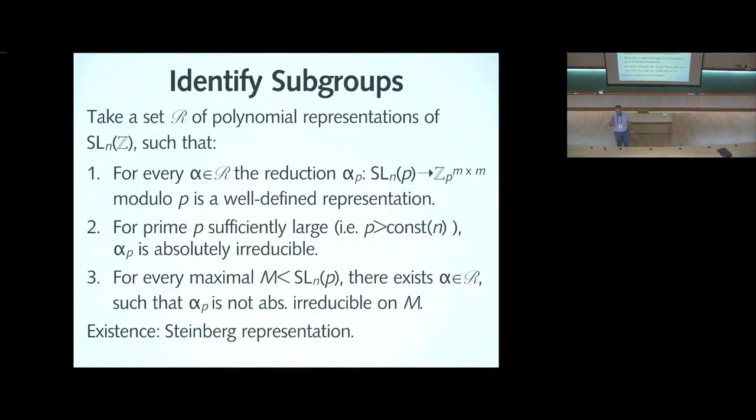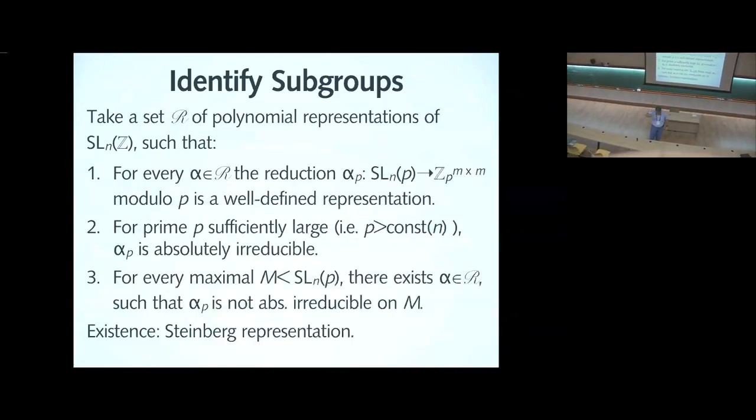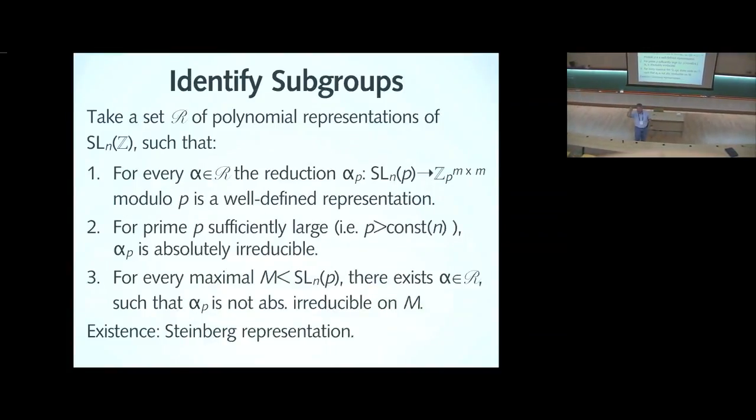What I want to avoid is that the image of the group modulo some prime p is not the full SLNP, but lies in a maximal subgroup.